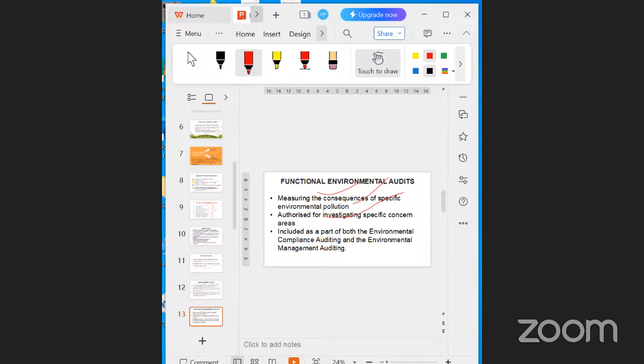It means such as evaluation of the monitoring of the maintenance of air quality and waste management, etc. So now functional environmental audits are quite rarely conducted, and they are often included as a part of both environmental compliance auditing and environmental management auditing, right?